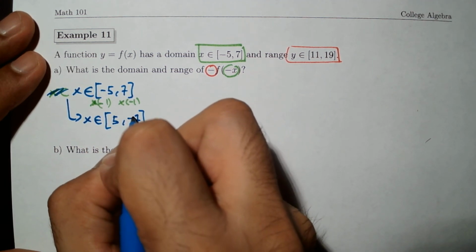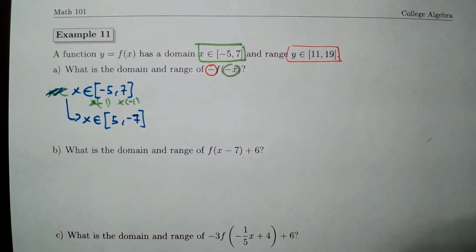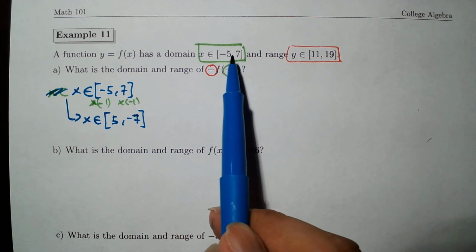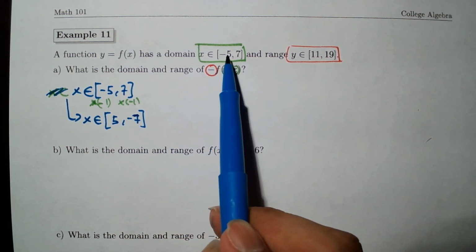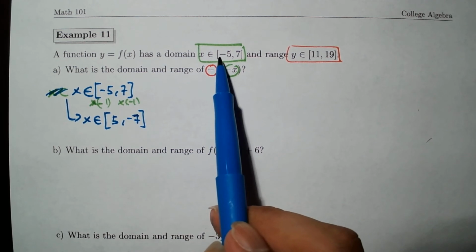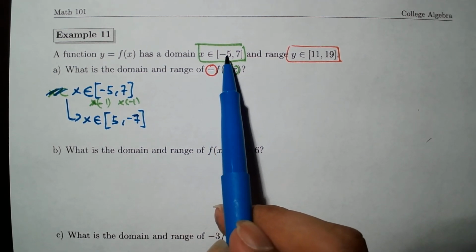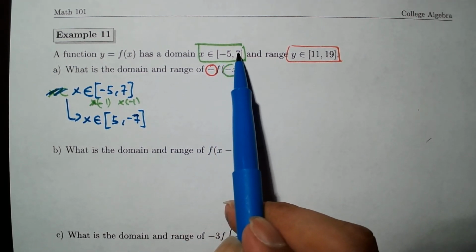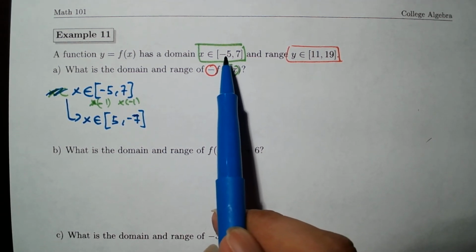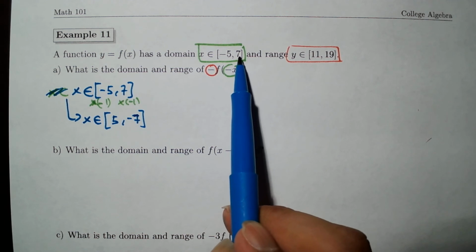But there's something weird about this. We need to fix this. Because when we write domains of functions, when we use interval notation, notice this is interval notation. This is the interval of numbers comprised from -5 to +7 inclusive. We always write this from the smallest to the largest.